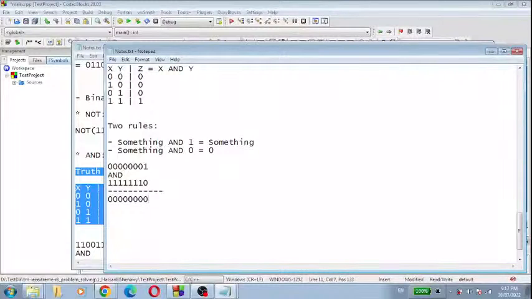I want to say something here, that in these bits we have satisfied this rule. Something ANDed with 1, we have ANDed with 1 here, so you get the same thing here. But 1 which is ANDed with 0 is going to be 0, so we have satisfied this rule in this place.